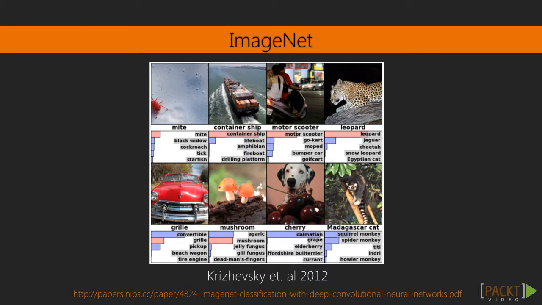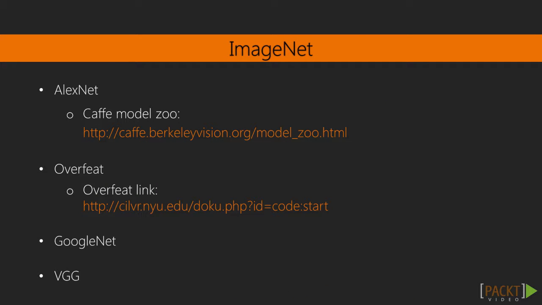Let's see why ImageNet helps. The ImageNet dataset is a terabyte scale dataset with 1,000 different classes. As we can see in this figure, the classes vary from several types of food, animals, transportation, objects, and many other things. Several models that were used to solve that problem are available online.